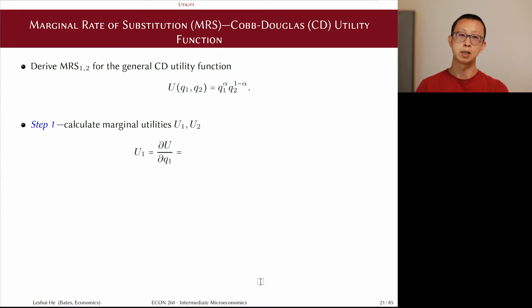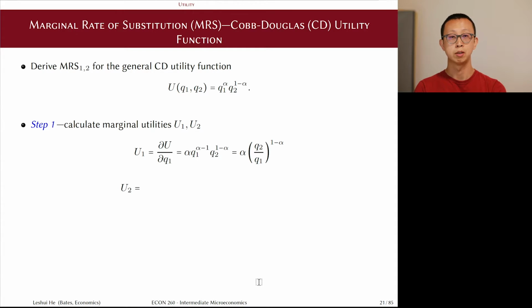Again, to follow the same two-step approach that breaks down the problem, we're going to calculate the marginal utility of good 1 and good 2 respectively, and then plug them into the definition of MRS, which will give us the answer. To calculate the marginal utility of good 1, again, we take the derivative of the utility function, now with an abstract parameter alpha, with respect to Q1.